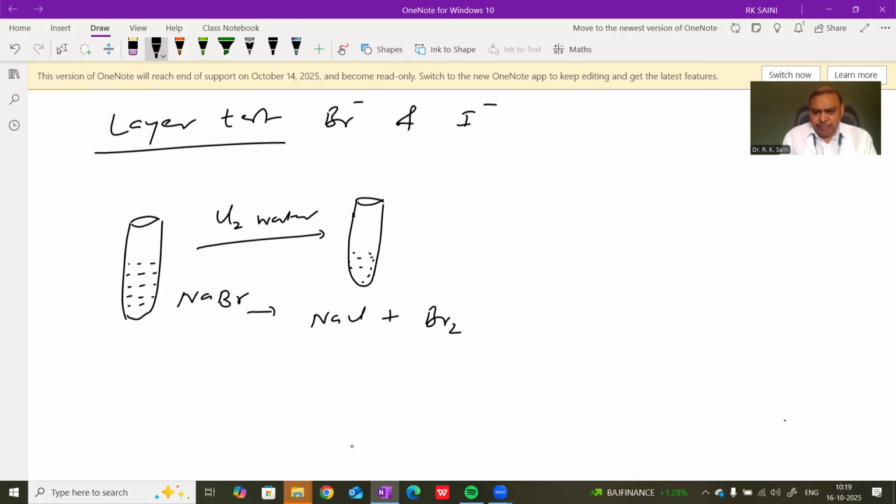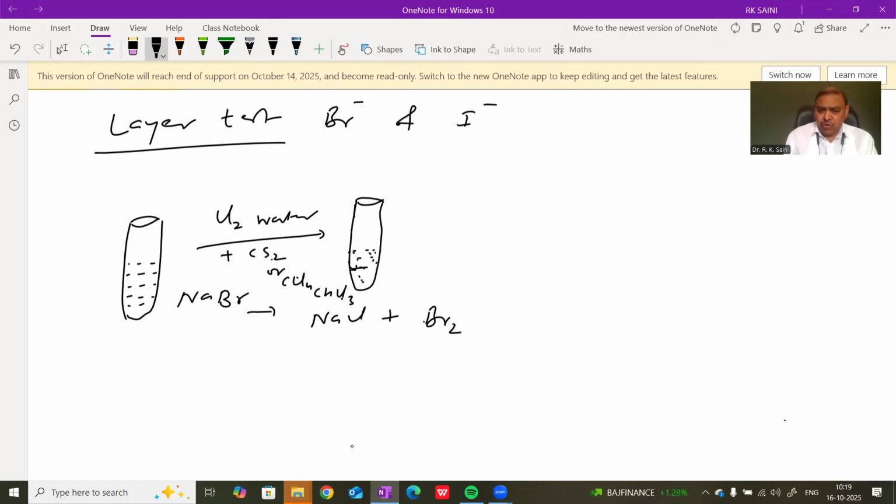To detect the liquid bromine, we add some covalent solvent like carbon disulfide or maybe chloroform, maybe CCl4, etc. These are covalent solvents, and according to the like principle and solvent extraction, bromine is soluble in such type of solvent and makes an orange red layer in the test tube.